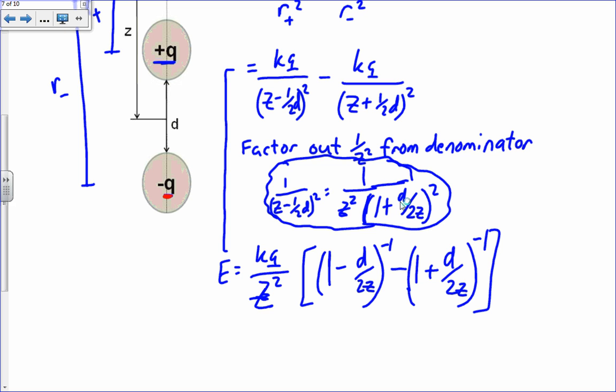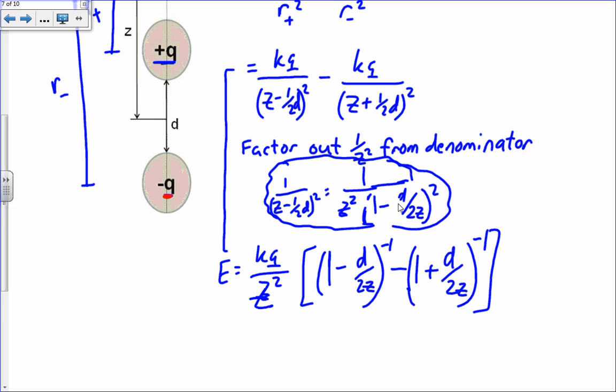Let's see. It looks like I have a mistake up here. I'm sorry. Let me come back up here. This should be a negative right here. It should be 1 minus D over 2Z squared.